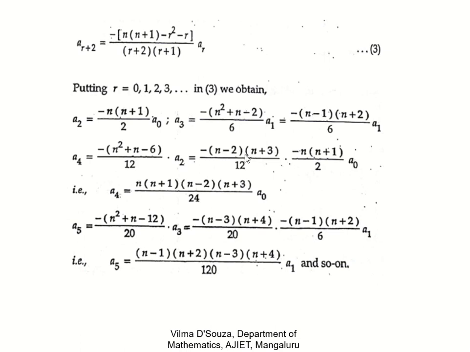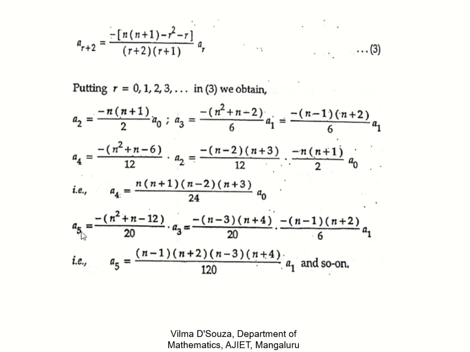So into a2 divided by 12 you have, into a2. What is a2? You substitute minus n into (n plus 1) by 2 into a naught. So simplify, a4 will be n into (n plus 1), (n minus 2), (n plus 3) divided by 24 into a naught.